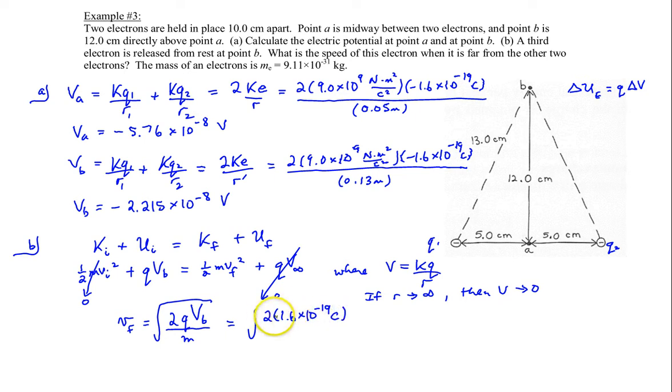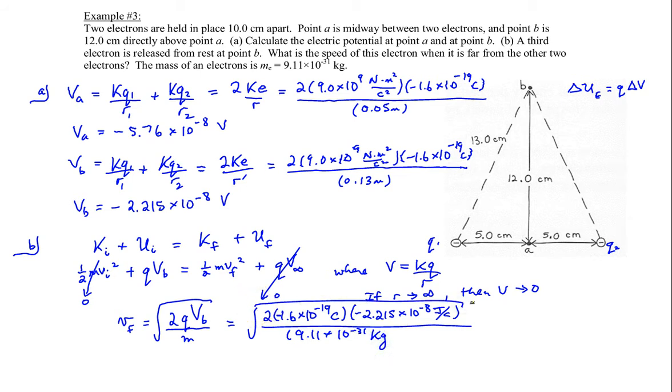Actually, technically it's negative, so we should be putting a negative in there. And then we have the negative electric potential, negative 2.215 times 10 to the power of negative 8 joules per coulomb, if you want to think of it that way, divided by the mass of an electron, which is 9.11 times 10 to the power of negative 31 kilograms, and it's the square root of all of that.